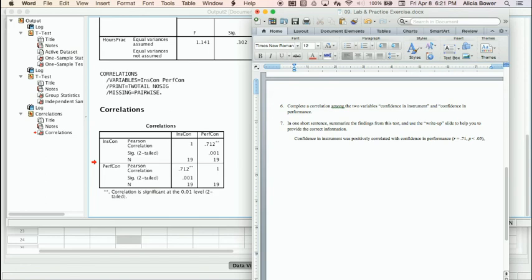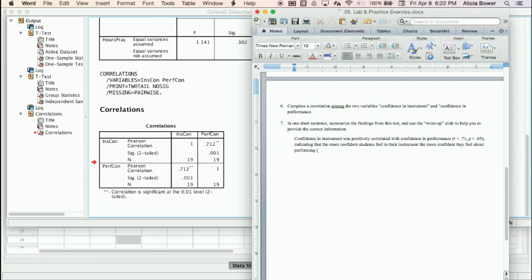And then I just quickly interpret it, indicating that, again, this is a positive correlation, so that means high scores go with high scores, low scores go with low scores. So indicating that the more confident students feel in their instrument, the more confident they feel about performing.